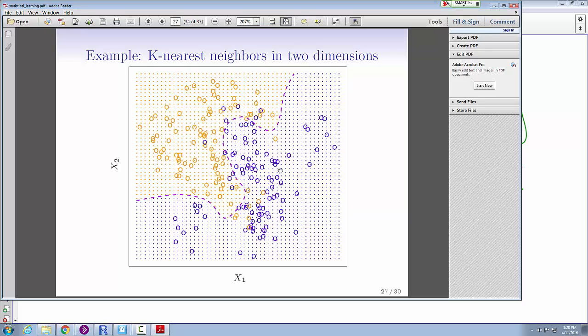You find the k nearest neighbors and then you ask, what are the class memberships of those k nearest neighbors? And I'm going to assign this individual to be in the class that is the majority of the neighbors. So go find the k nearest neighbors, and suppose 60% of them are purple, 40% of them are yellow. I'm going to classify the current individual that we're assessing as purple, because the majority of his or her neighbors are purple. Simple idea, k nearest neighbors.